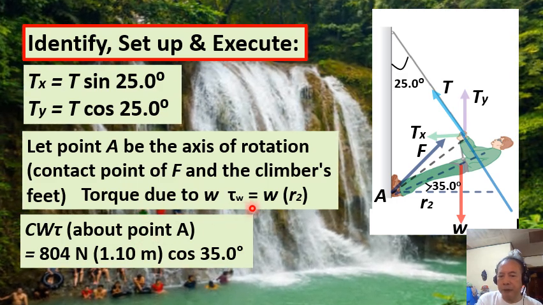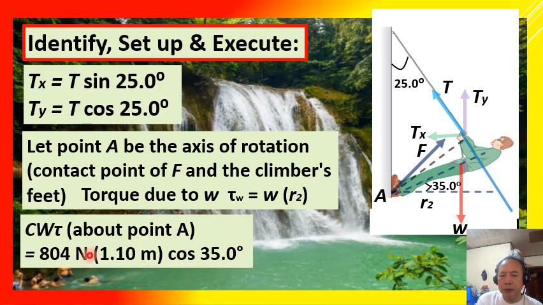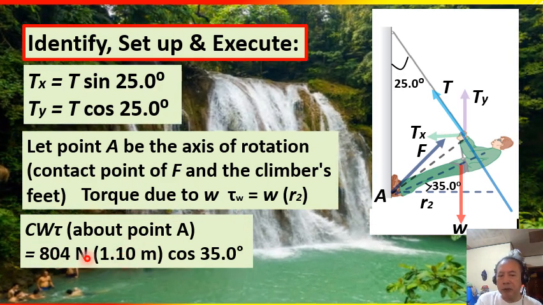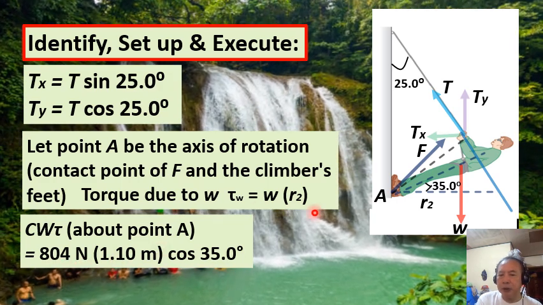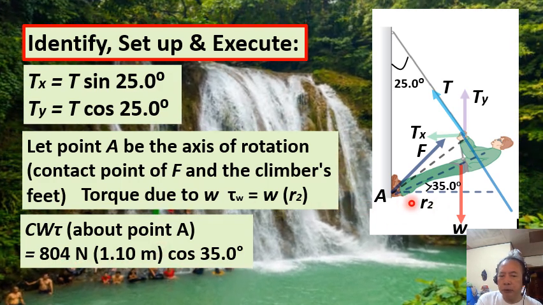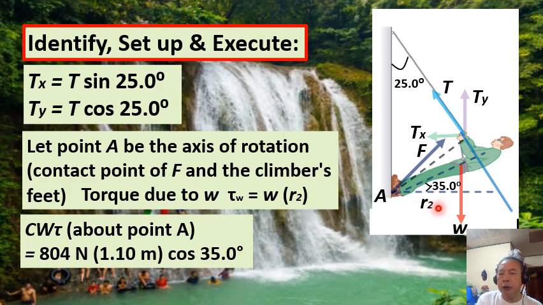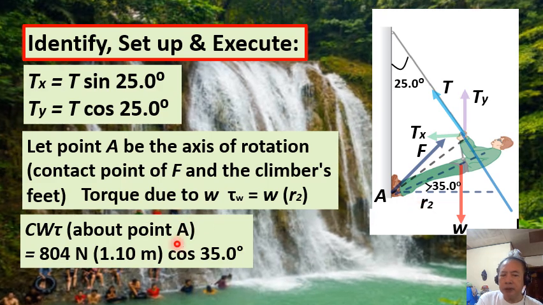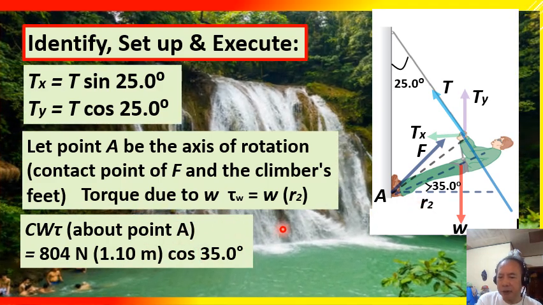And based on the formula for torque due to the weight W, we just multiply the weight, which is equal to 804 newtons, and the value of R2. The value of the lever arm R2 is just equal to 1.10 meters.